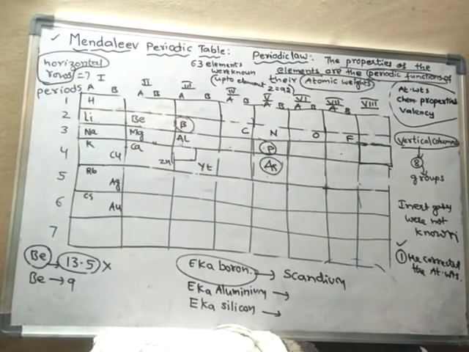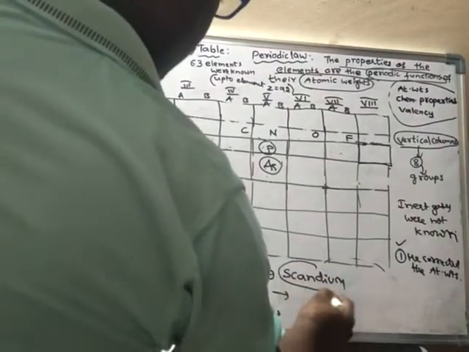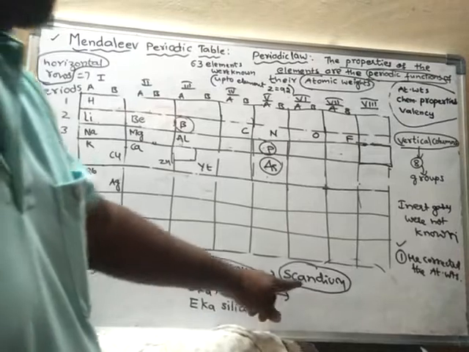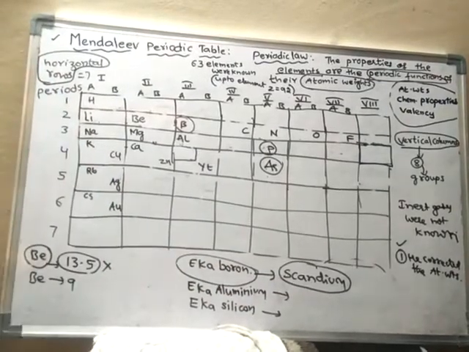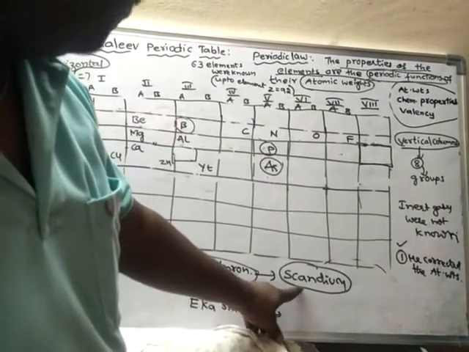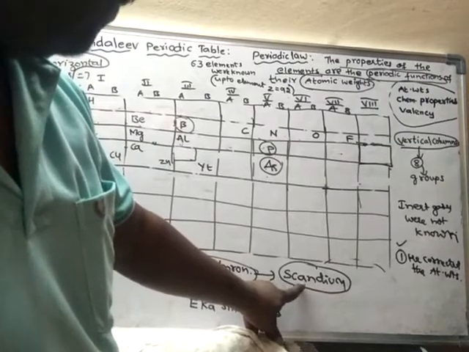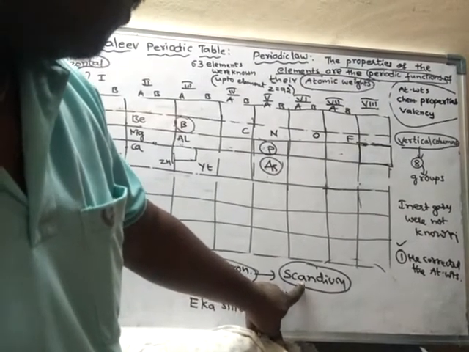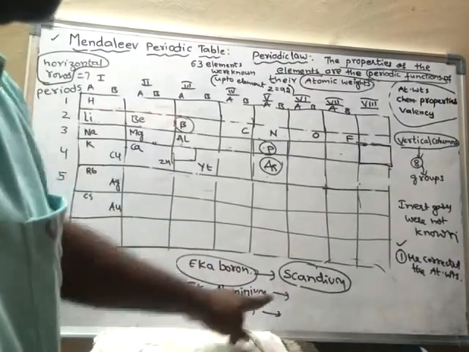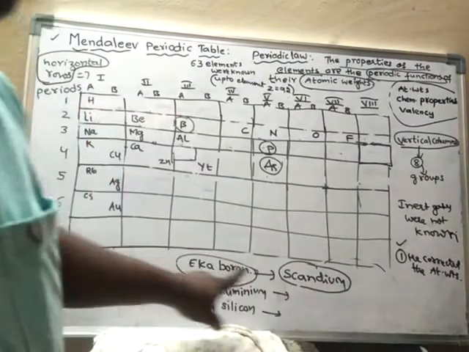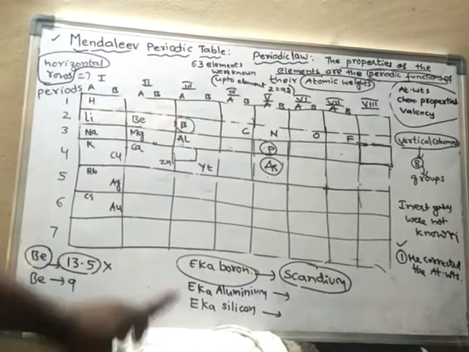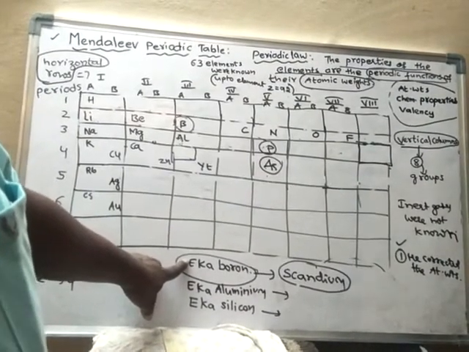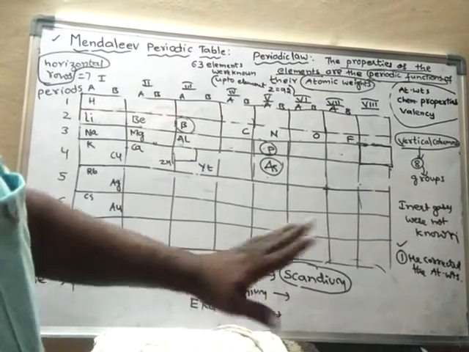And the properties of scandium were given by the new scientists. The properties given by the new scientists for scandium were showing exactly the properties which were told by Mendeleev. The properties are exactly matching.